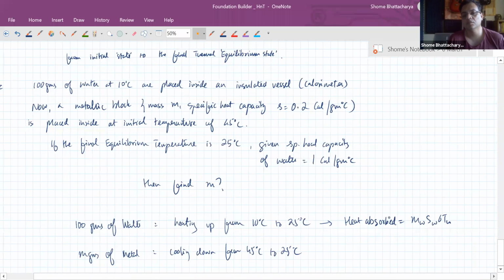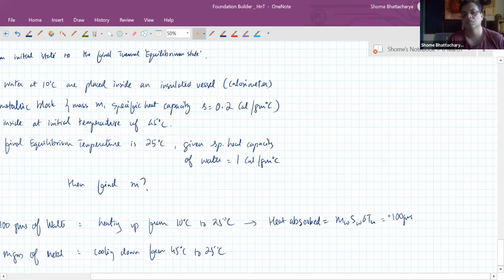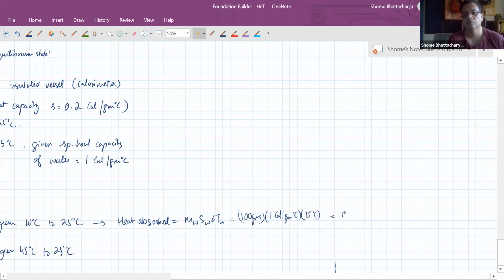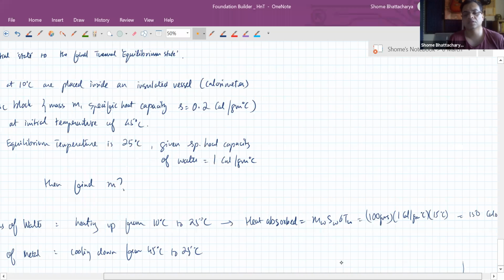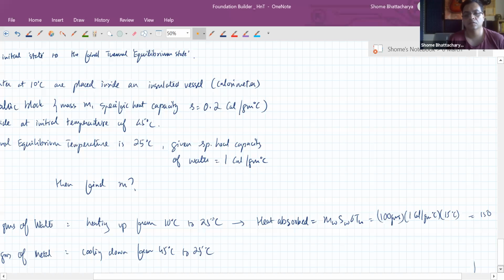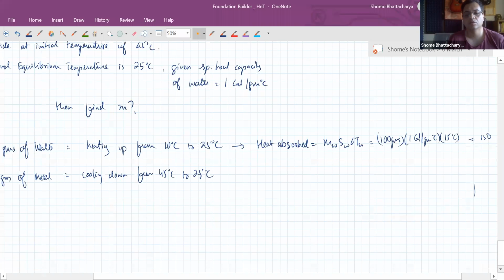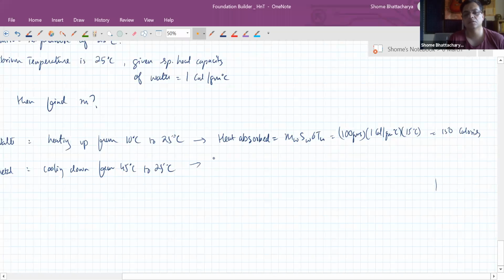So that is 100 grams multiplied with 1 calorie per gram degree C multiplied by the temperature change of 15 degrees C. So that is 1500 calories. That is the heat that is absorbed by the water.